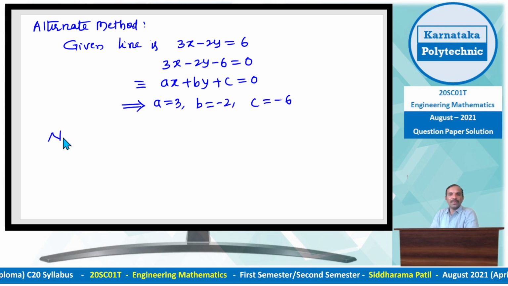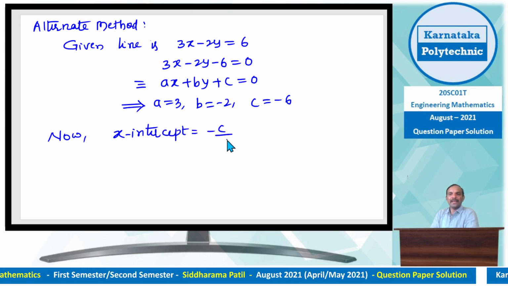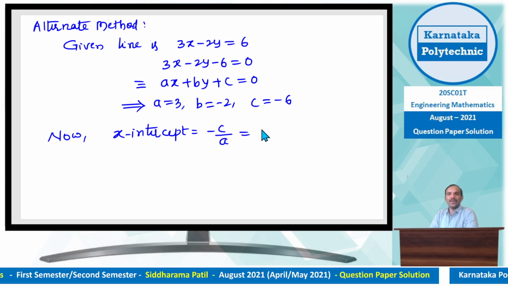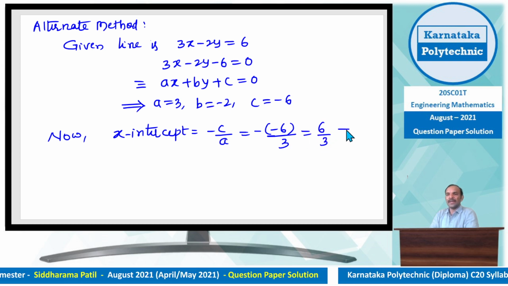Now, from the general formula, x intercept equal to minus c by a, equal to minus of minus 6 divided by 3, that is 6 by 3 equal to 2.